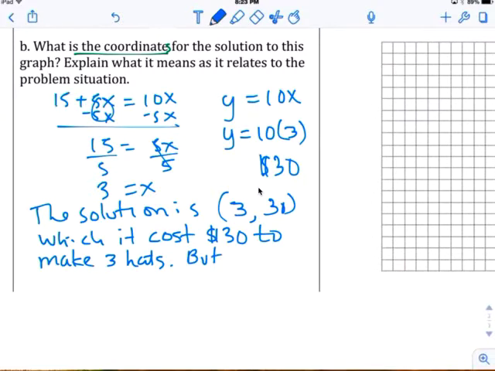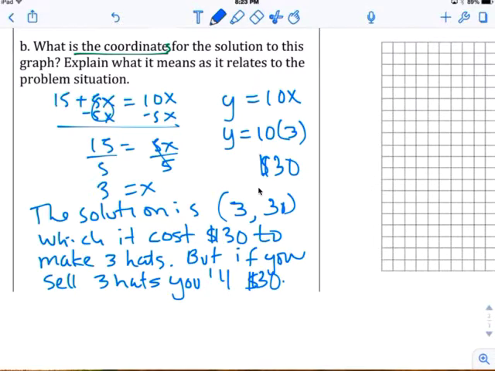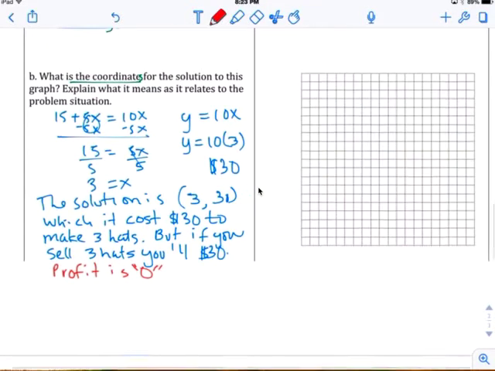But if you sell 3 hats, you'll make $30. So your profit, if you're a business person, your real profit is essentially 0 at that point. You're not losing any money.